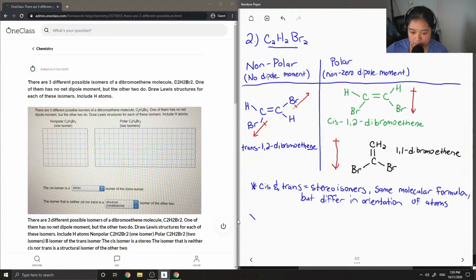Okay, so I'm also going to write down the definition for a structural or constitutional isomer.